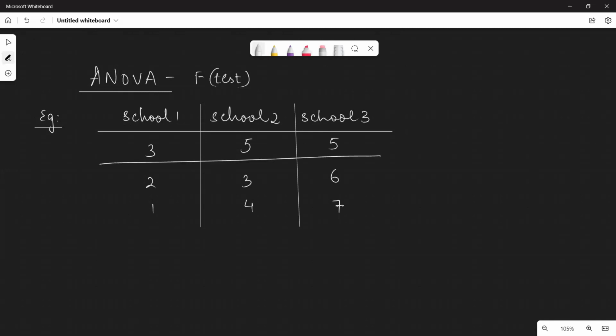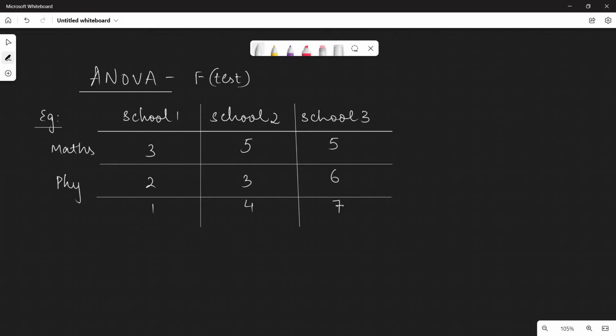These values are the marks obtained by children in some test: marks in mathematics, physics, and chemistry. Based on that, we have 3 different schools, and we are looking at the performance of students.